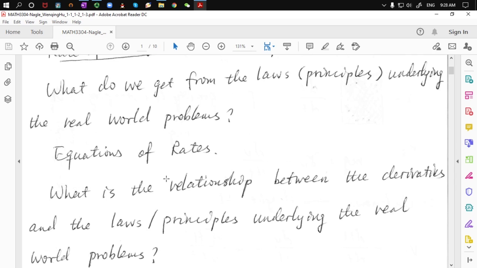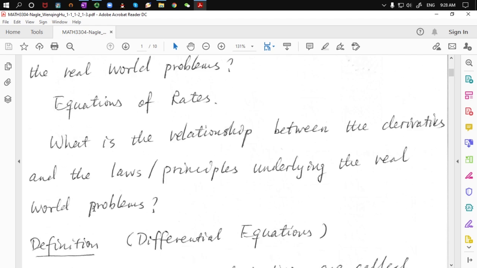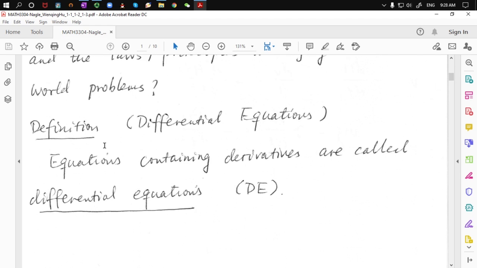Once you have the rates, we ask what the relationship is between the derivatives and the laws or principles underlying the real world problems. Here we come to the definition: a differential equation is an equation that contains derivatives.